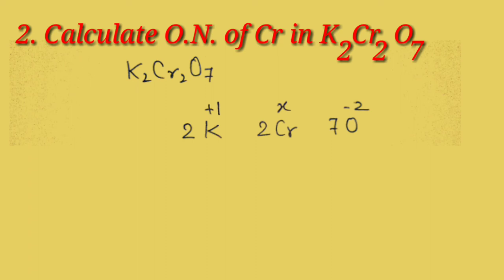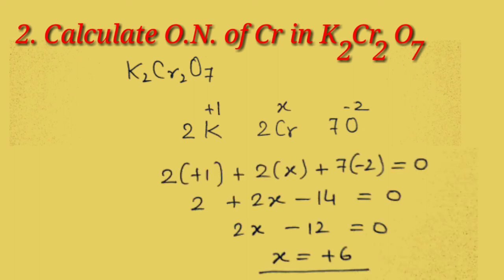Now let us consider the oxidation number of chromium as X. There are 2 potassium atoms, therefore 2 into 1. There are 2 chromium atoms, therefore 2 into X. And there are 7 oxygen atoms, therefore 7 into -2. On further calculation, we get the oxidation number of chromium in K2Cr2O7 as +6.